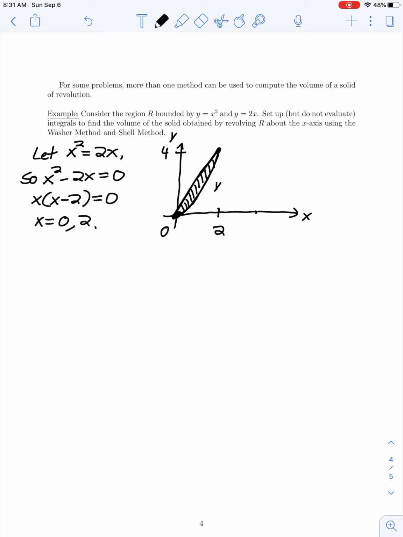So here our lower curve was y equals x squared, the upper curve was y equals 2x. We're supposed to revolve this region about the x-axis, and set up integrals for the volume of the resulting solid in two ways, using the washer method and the shell method.